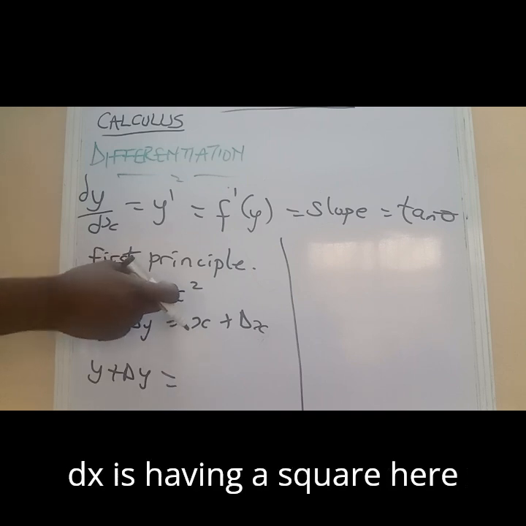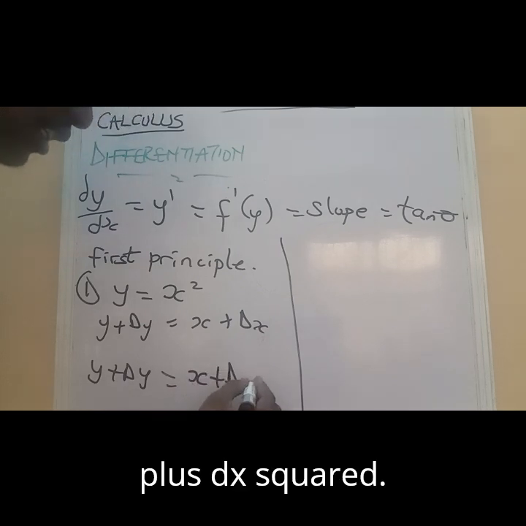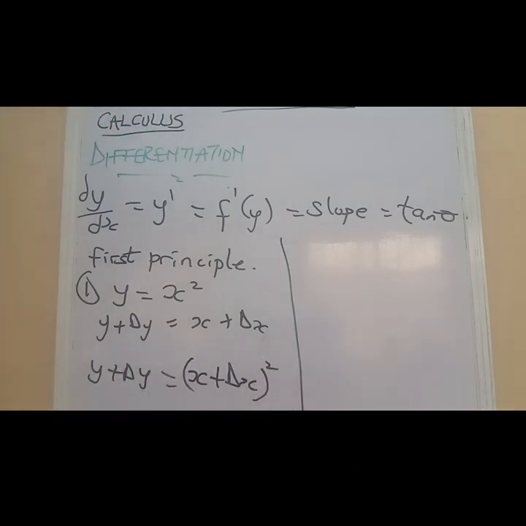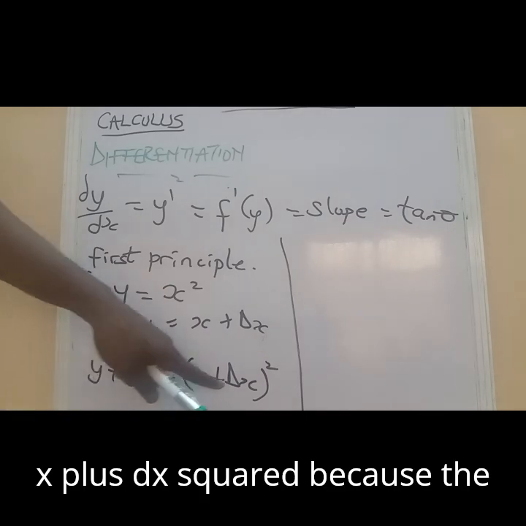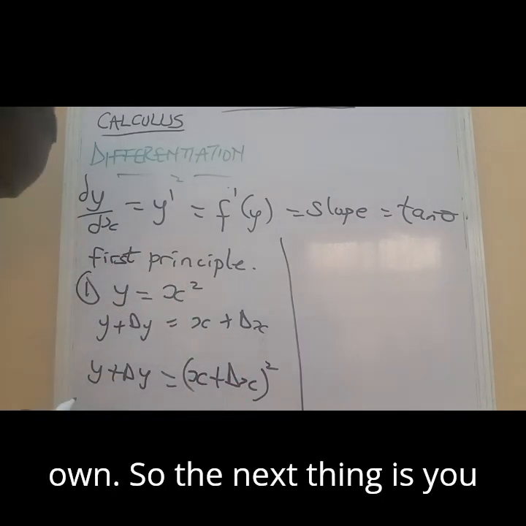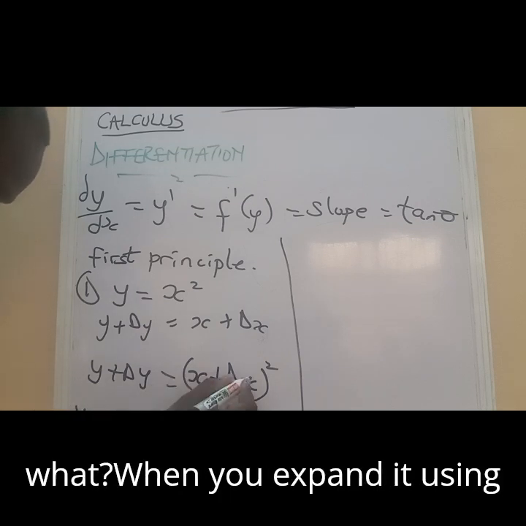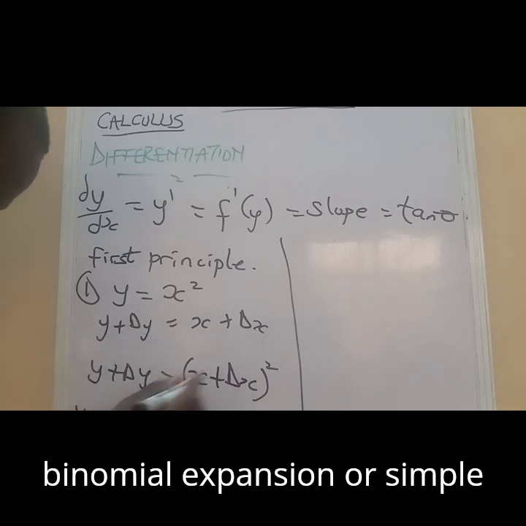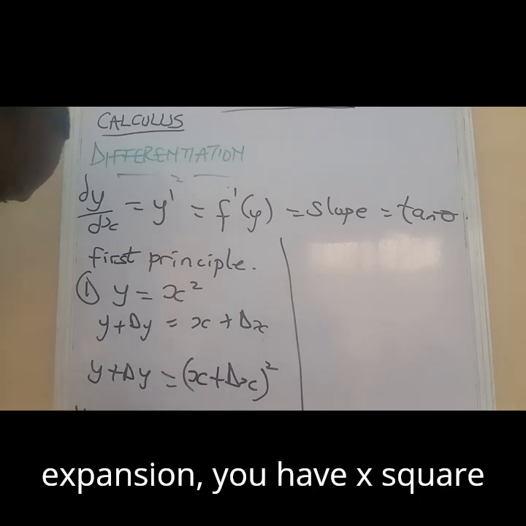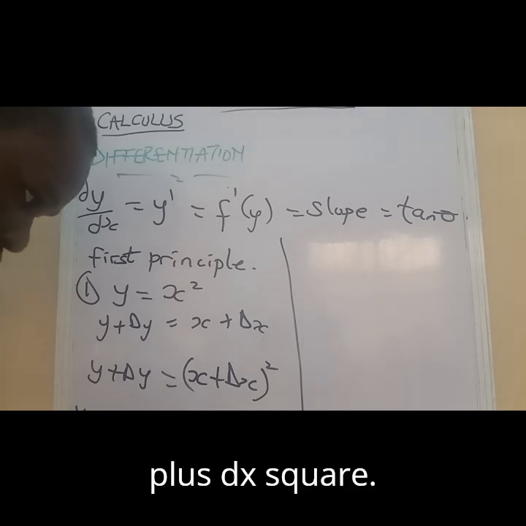No, the x is having a square here, which means that your solution is going to be x plus dx squared, because the x is not standing on its own. So the next thing is you need to expand this. That's y plus dy equals, when you expand this using binomial expansion or simple expansion, x squared plus 2x dx plus dx squared.